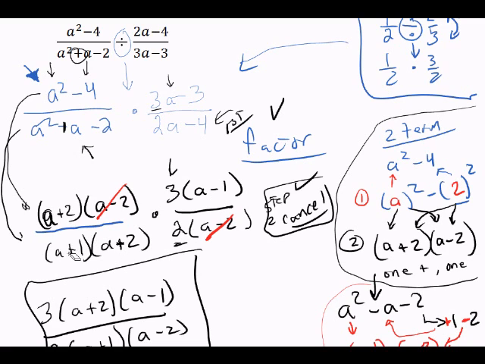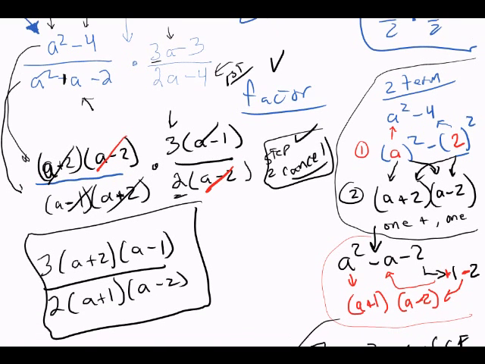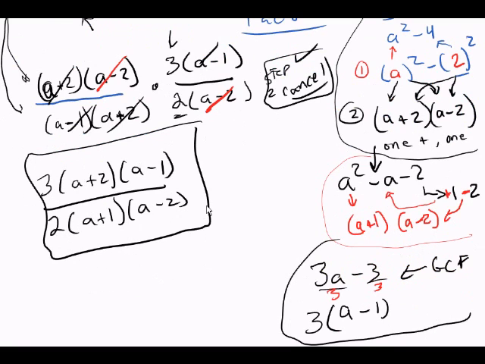I know we already did this. I'm just going to show you that was a plus sign. So when we factor this, since that was a plus, this would be a plus, and the other one would be a minus. Okay, so now these would cancel, and these would cancel, and we would just be left with 3 over 2.